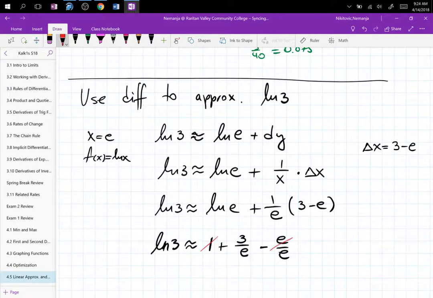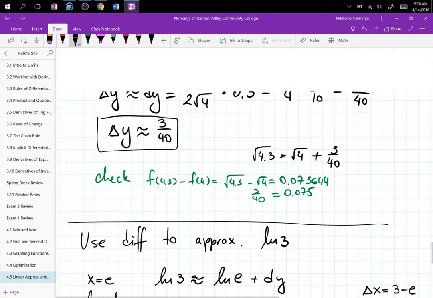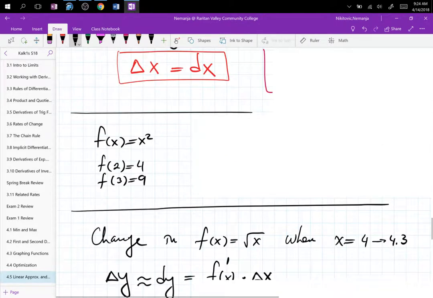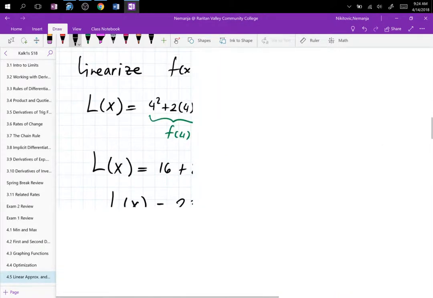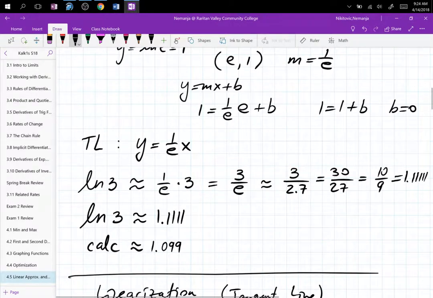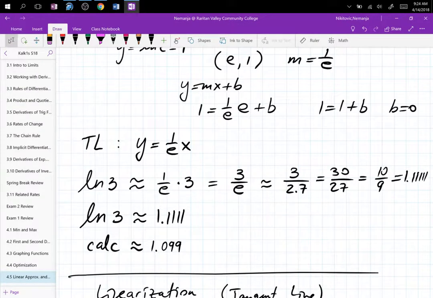So all you get is 3 over e. You actually had 3 over e over here when you did linearization for this. See? It's 3 over e. It was done a different way, but you got the same answer. ln 3 is approximated by 3 over e. We got the same thing.